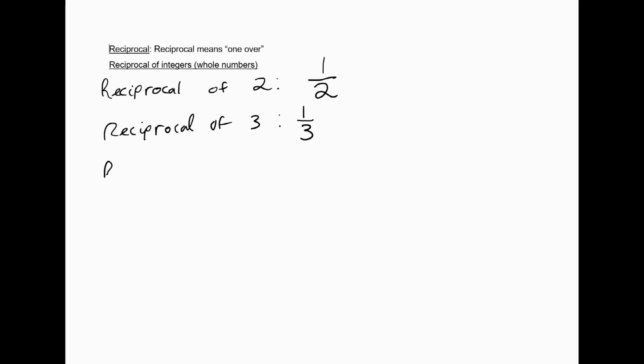The reciprocal of a fraction, for example, let's say the reciprocal of 2/3. To work out the reciprocal of 2/3, we would do 1 over 2/3, which is the same as 1 divided by 2/3.